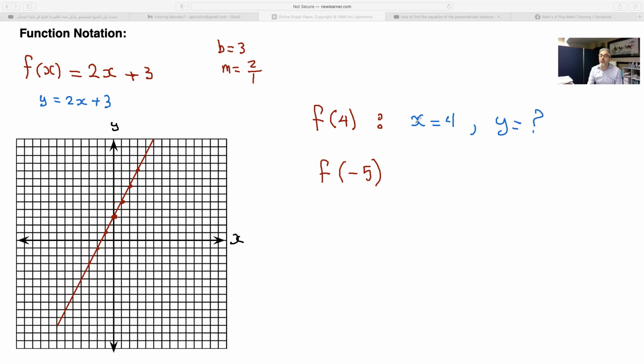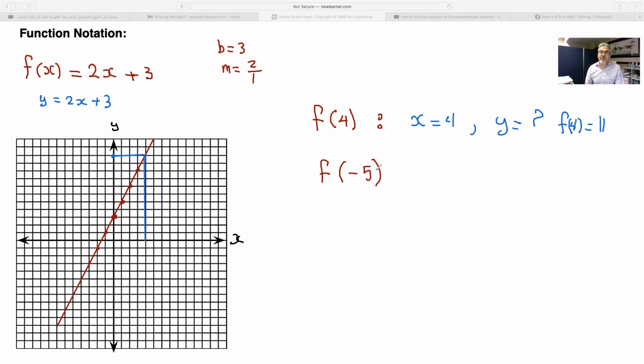And so you got to interpolate this from the graph. So you count 1, 2, 3, 4. And then what you want to do, you want to go vertically till you touch the graph. And then you need to go this way and find out what your y value is right here. So that's basically what you're doing. So this is the answer right here. So that's 1, 2, 3, 4, 5, 6, 7, 8, 9, 10, 11. So f of 4 equals 11.